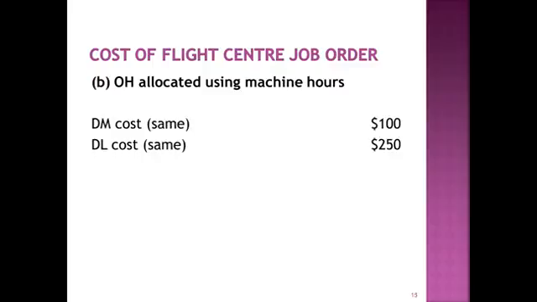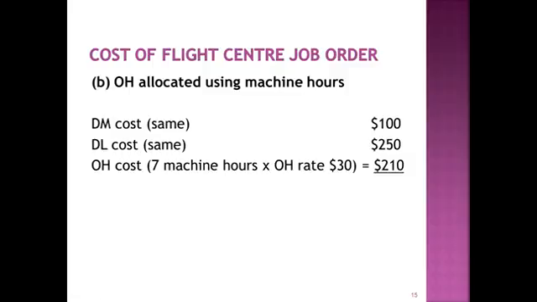Now we're going to calculate it again using the overhead allocated using machine hours. Remember that the direct material cost and the direct labour cost will be the same. So the direct material cost will be 100. The direct labour cost will be 250. The overhead allocation cost will be 7 machine hours times the overhead rate of $30 using the machine hours as the cost driver.